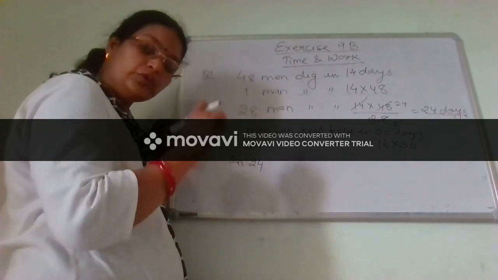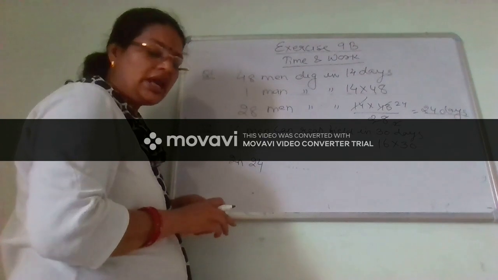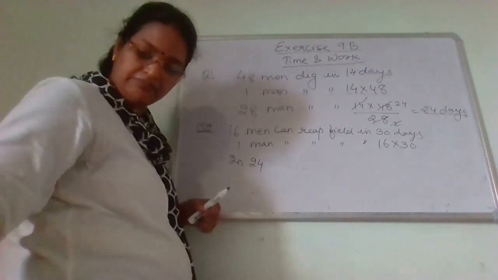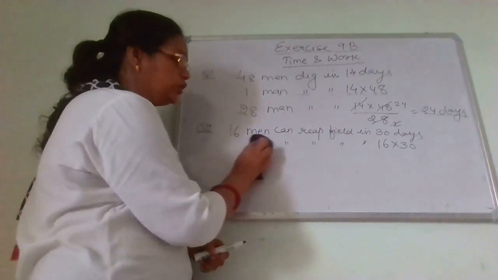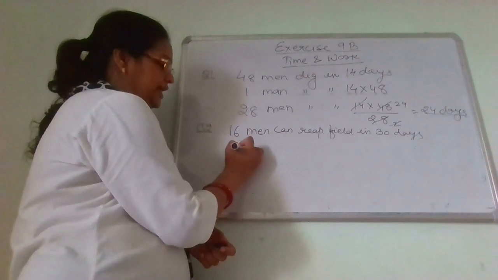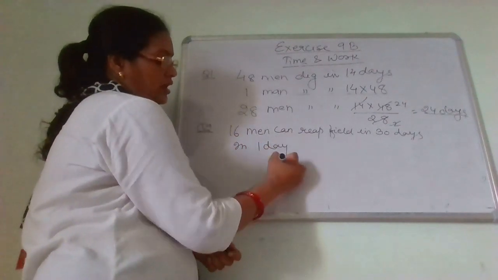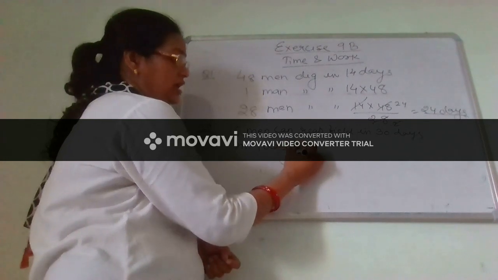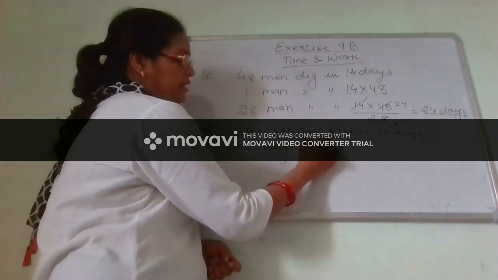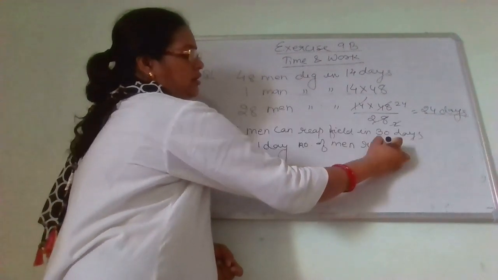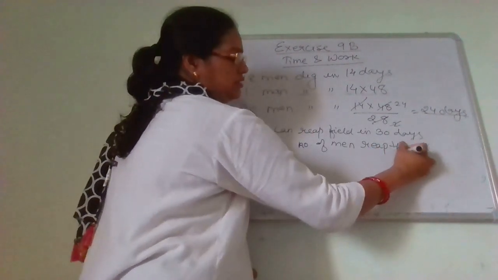now we have to do it in the opposite way also. How can we do it the opposite way? We will not do it for one man. In one day, how many men reap the same field?